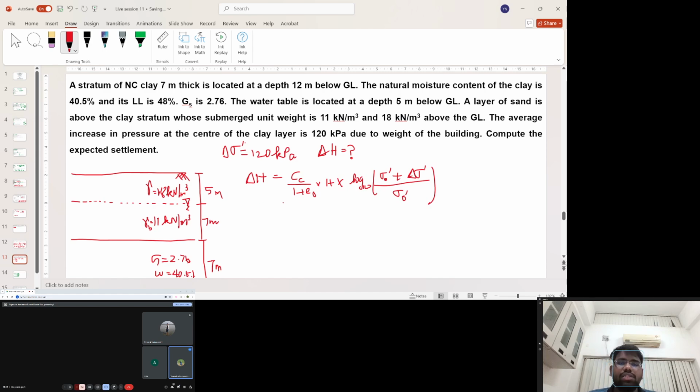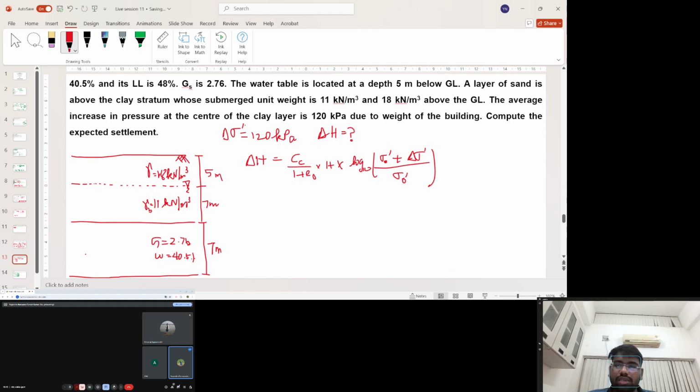Now the major thing we need is H, which we always calculate at the middle of the layer, right? So 3.5 meters of clay layer, but the entire thickness is 7 meters. The stress which we calculate corresponds to 3.5 meters. All right. Now we need to find sigma naught dash, e naught and Cc.